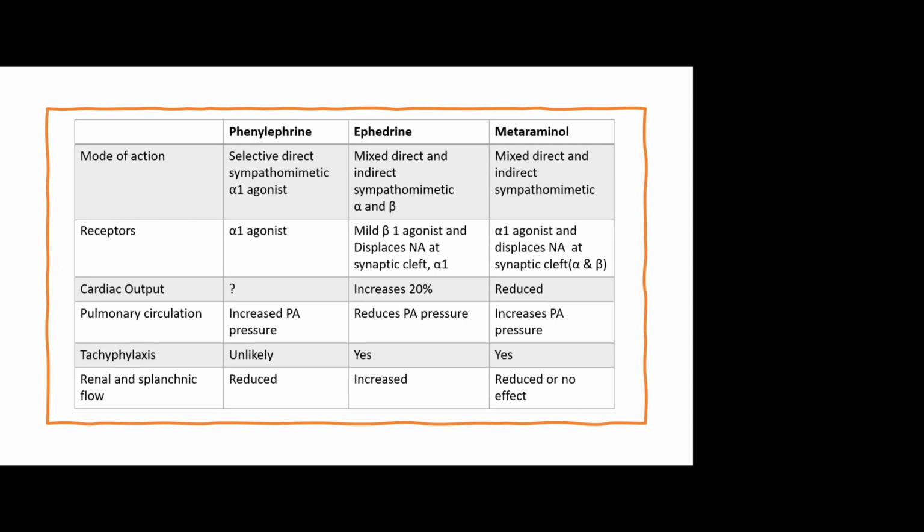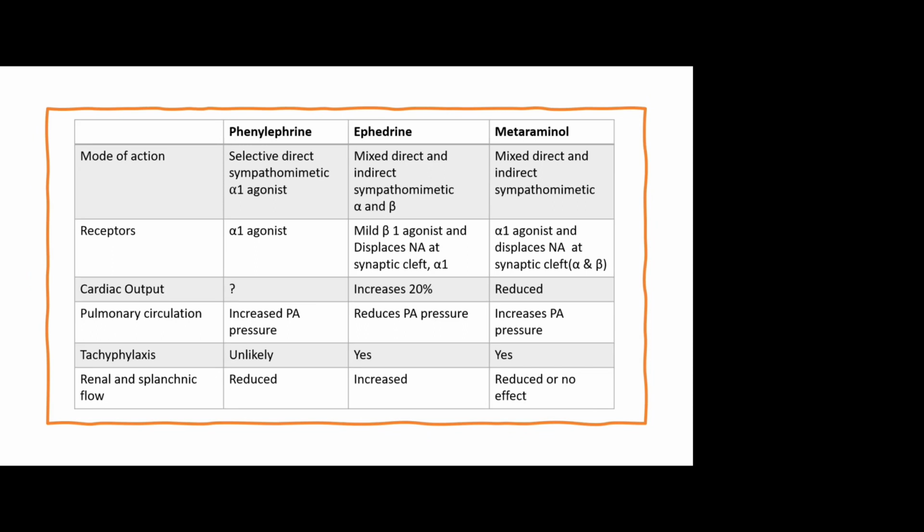Phenylephrine is commonly used, which is a direct agent, acts through the alpha agonist. Because of its alpha agonist action and baroreceptor reflex, it reduces the heart rate, and in fact, its effect on the cardiac output itself is maybe nothing or might be reducing. Whereas ephedrine, which is a mixed drug, both direct and indirect, results in increasing the cardiac output, and also it reduces the PA pressure because of its beta effect as well.